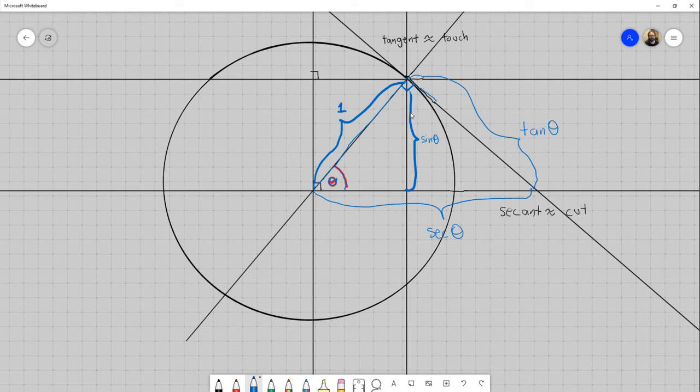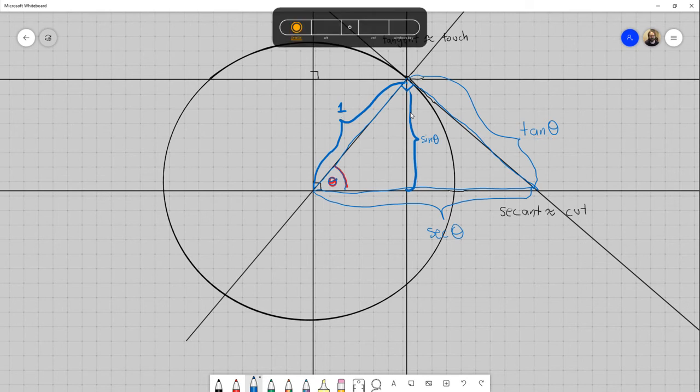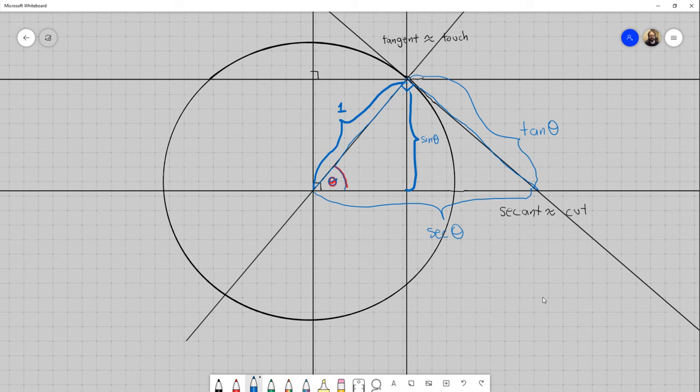If you take the opposite side over the adjacent, the opposite side here is tangent, and the adjacent side is 1. Opposite over adjacent is tangent theta. So that jives. This big triangle makes sense for our unit circle.